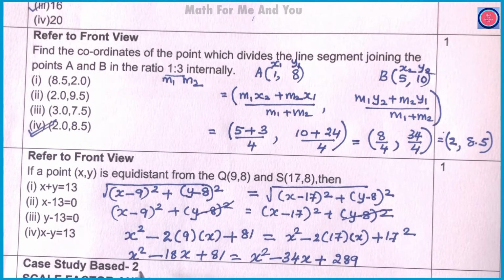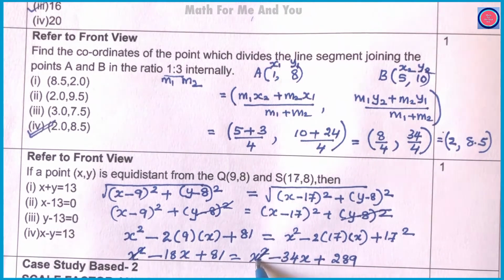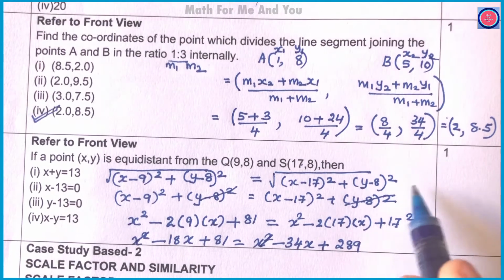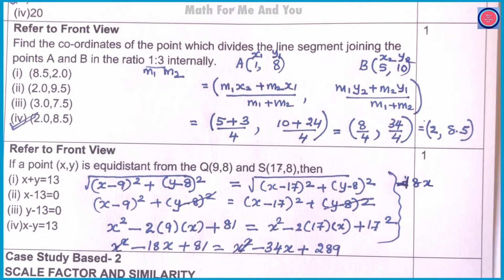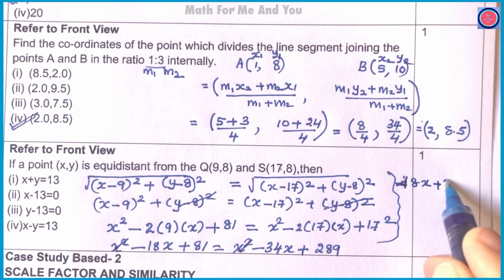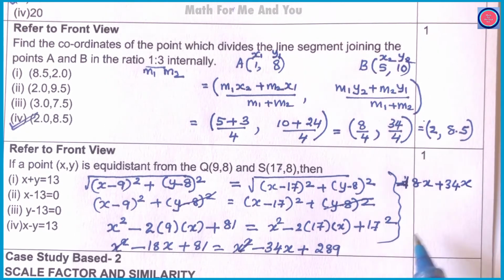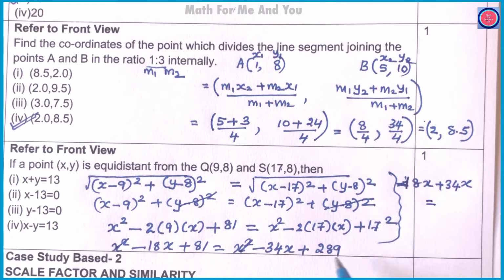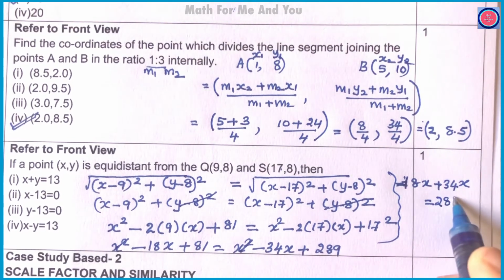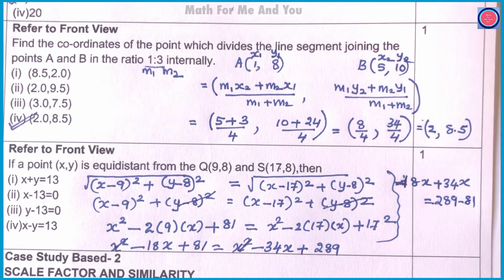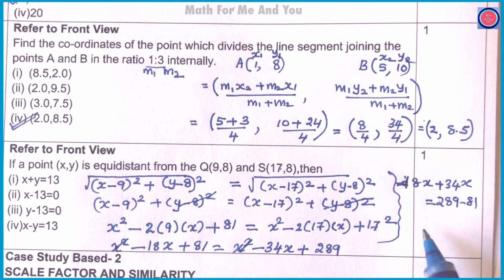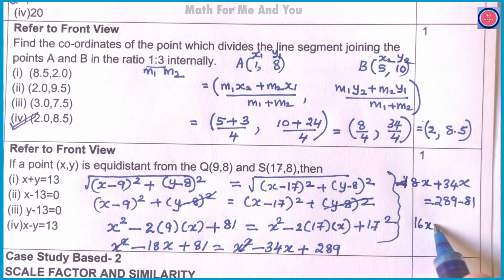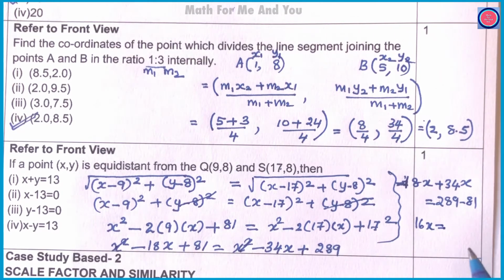From left side and right side remove x square because same term. Then collect x on one side, numbers on other side. We get minus 18x plus 34x because minus 34 we can move to the left side. Right side is 289. Then from left side we can move 81. It becomes minus 81. Minus 18 plus 34, 16. 16x is equal to 208.